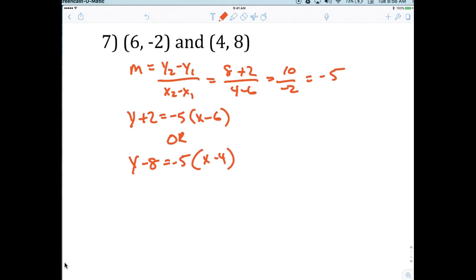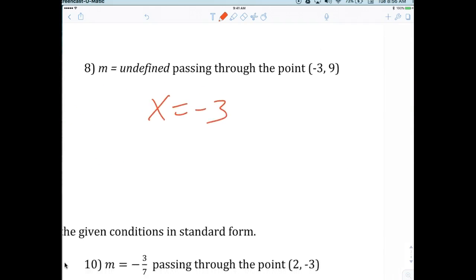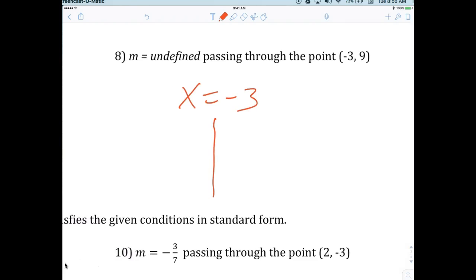Now, I want to quickly go back to number 8, because I think some of you are memorizing. That's not what I'm trying to do for you. Look, here's a point, -3, 9. I'm going to plot that point. Undefined is vertical, right? If I draw the vertical line through there, what x coordinate does it go through?